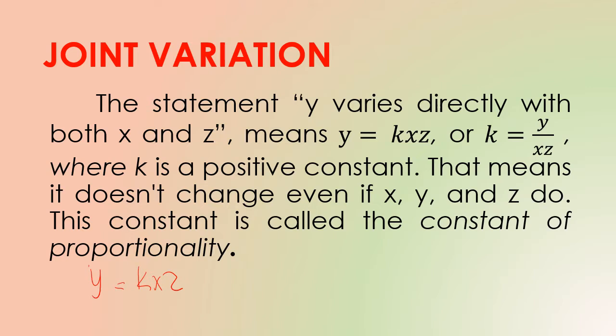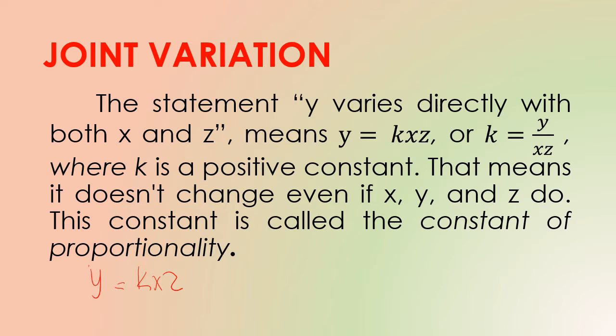So meron ka ng constant as both x and z. Sabi ko nga sa inyo, para lang siyang direct variation means y is equal to kxz or k is equal to y over xz, where k is positive constant. That means it doesn't change even x and y and z do. This constant is called constant of proportionality.